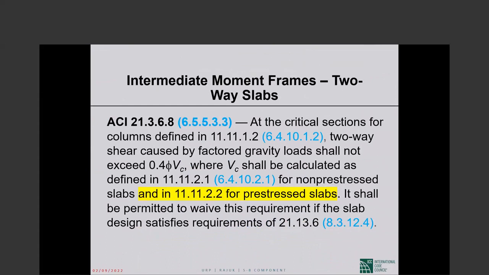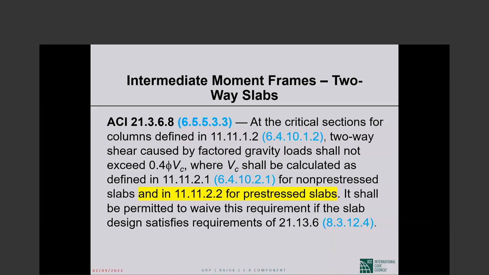At the critical sections for columns, the critical section for two-way shear that you are by now totally familiar with, two-way shear caused by factored gravity loads shall not exceed 40% of phi times V sub C. V sub C we have looked at, and I have slides that repeat the V sub C information. But you understand what I'm talking about. This came up once in earlier discussion.